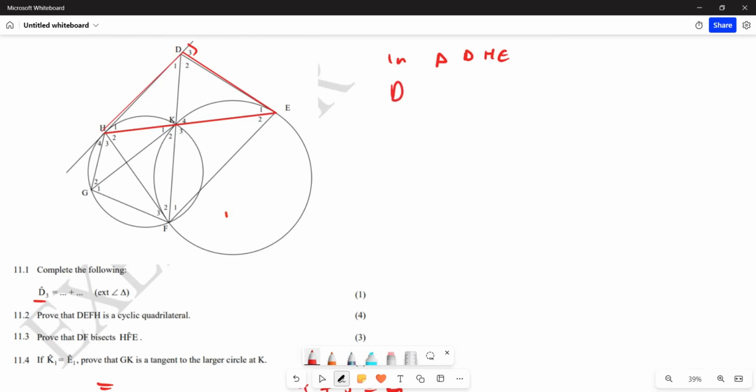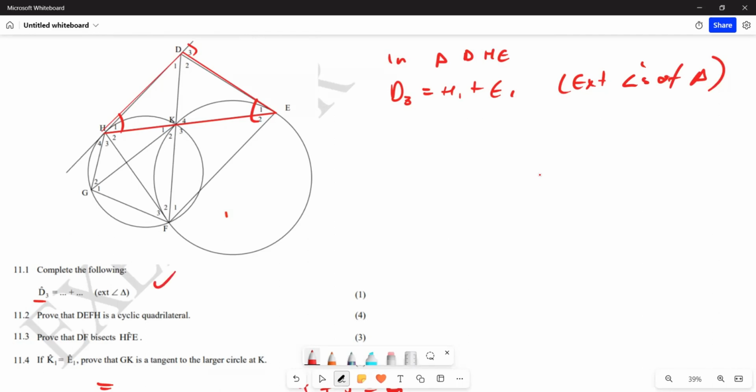Your angle D3 is going to be an exterior angle of your triangle. So which means your angle D3 is going to be equal to H1 plus your angle E1, as the exterior angle of your triangle. Are we together? So yes, that's going to be the complete statement of that one.